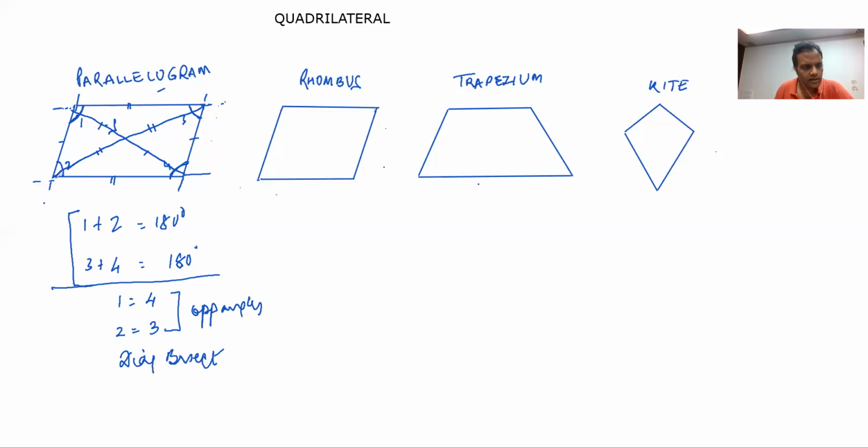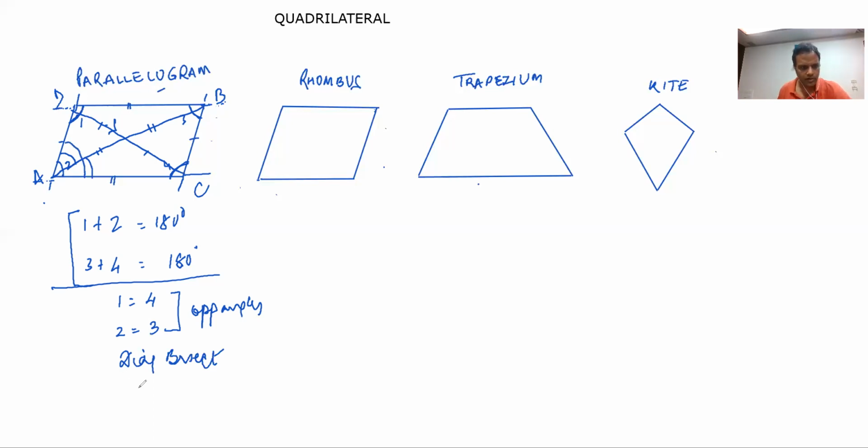Now, fourth is that when we are drawing the diagonals, meeting the two opposite ends, even the angles are getting bisected, which means if this is A, this is B, this is C, and this is D, the diagonal AB is bisecting the angle DAC. This whole angle is being bisected by this diagonal AB.